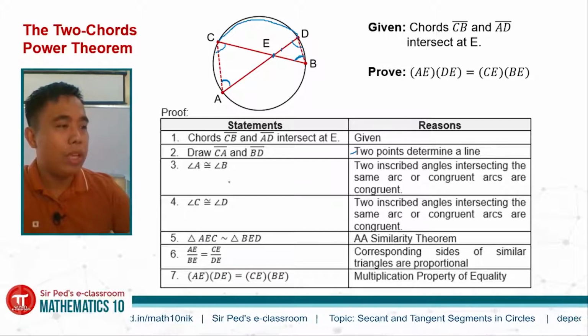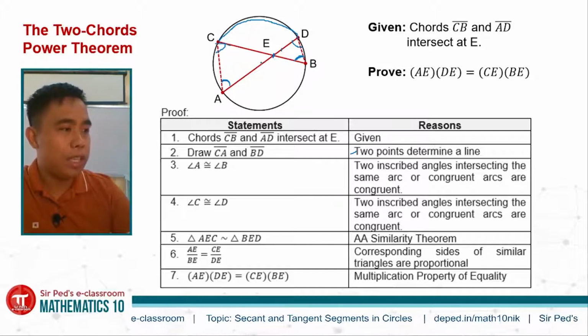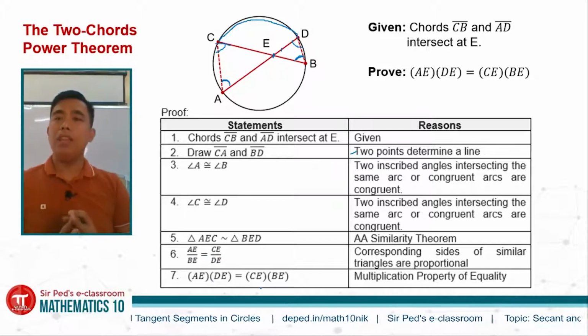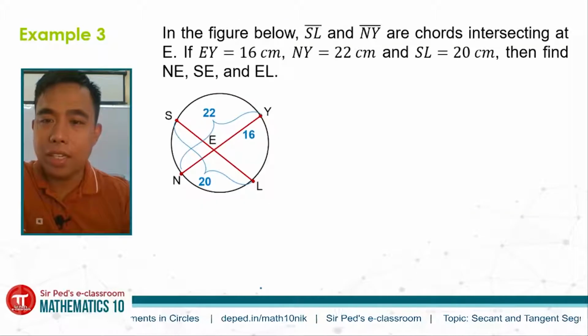So we say that AE over BE is equal to CE over DE. By multiplication property of equality, AE times DE is equal to BE times CE. So na-prove na natin yung two chords power theorem. Now let's have an example.